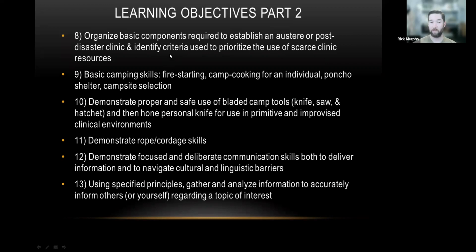I have mentioned this several times, and it's because it's such a key component of this course: infrastructure for the austere clinic. What do we need, and how do we prioritize resources? This is something that we talk about a bit in this course, but Dr. Pearson really drives this home in the austere medicine material, making tough decisions with resources based on scarcity.